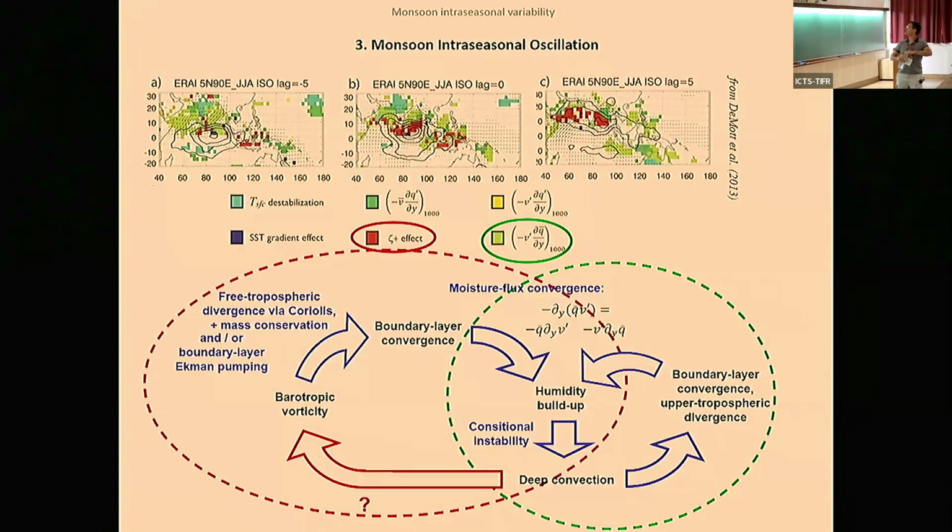And Demott et al. showed that those terms, which she called the vorticity effect, and here we have the horizontal advection at 1,000 hectopascal, so right at the surface, correlate pretty well with the tendency of humidity.